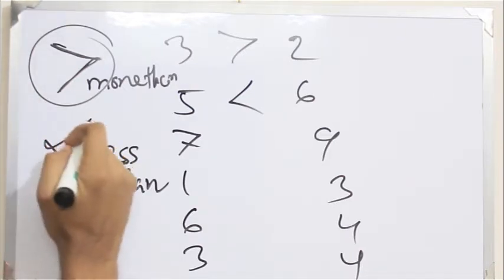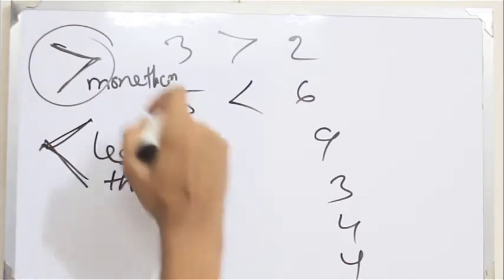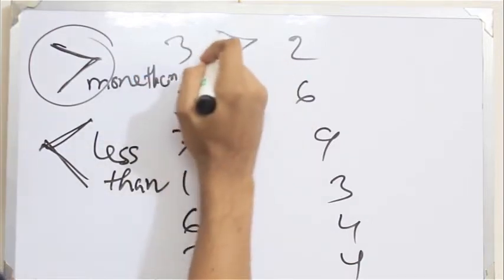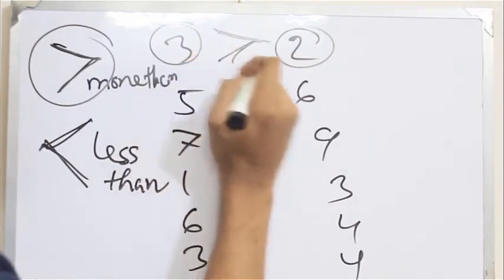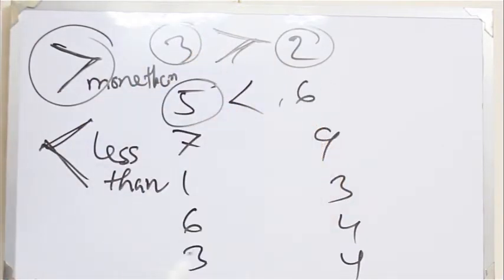The use of this symbol in mathematics is important. So here the student will point out which one is what. 3 is greater than 2. See, 3 is more than 2, that's why it is saying more than. 5 is less than 6, that's why we are using less than.